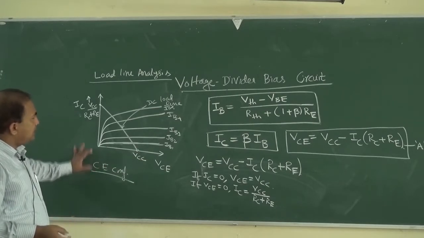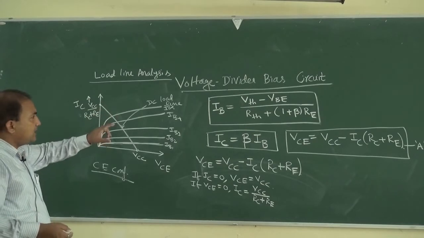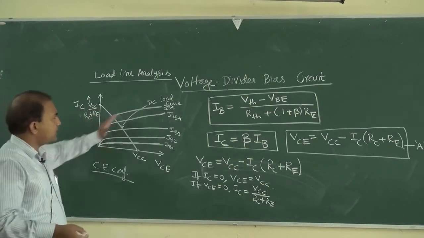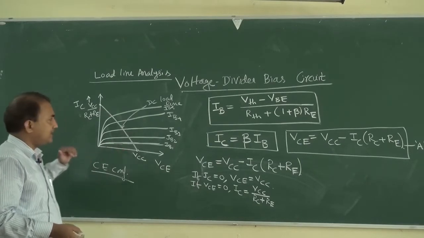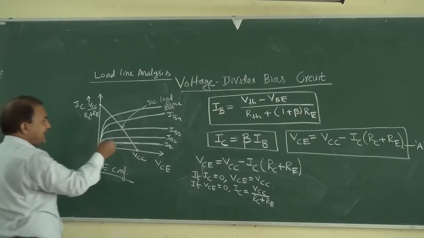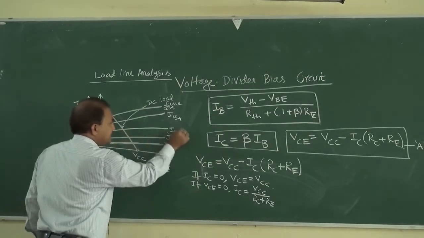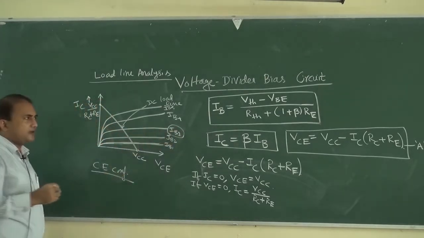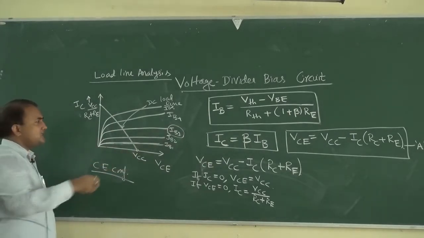So this is the DC load line for the voltage divider bias circuit, and this is the output characteristics in common emitter mode BJT. Okay. So from this we can get the Q point. Suppose IB3 is the desired value of IB.